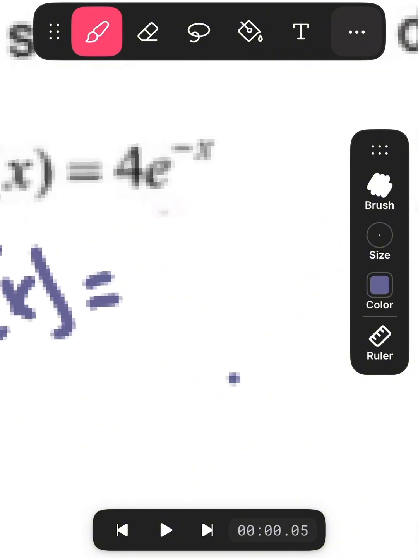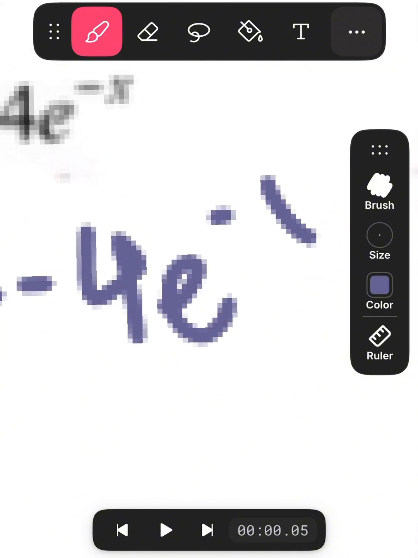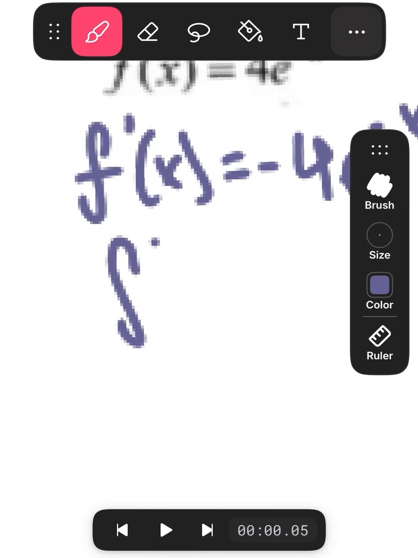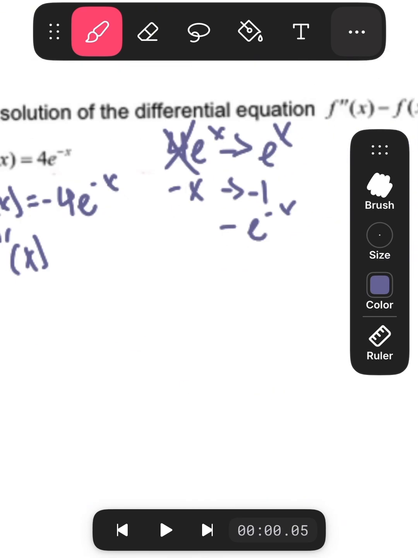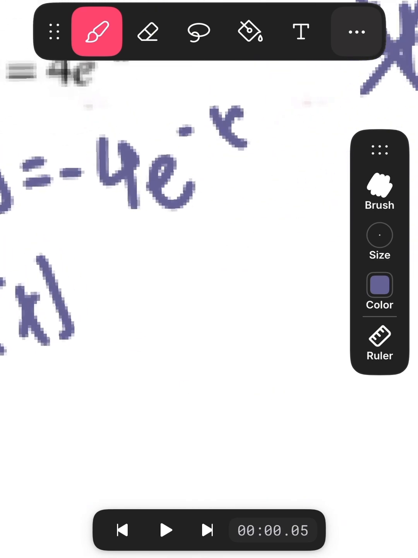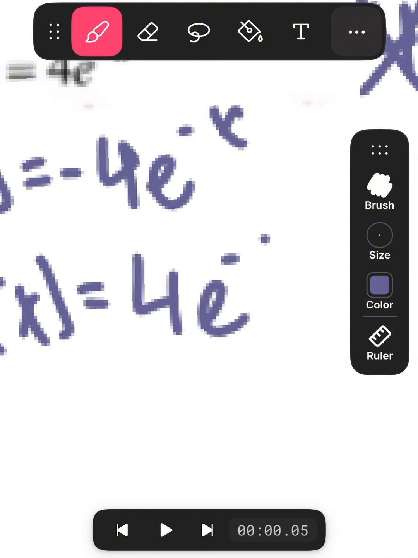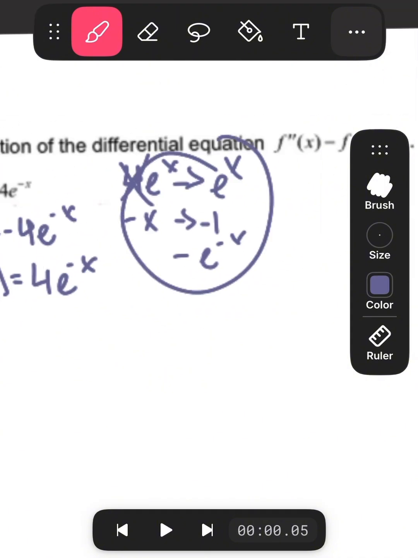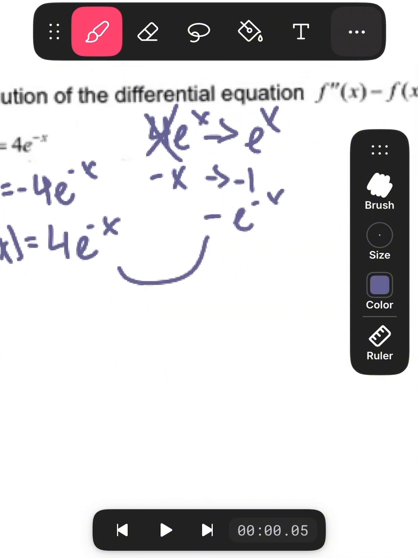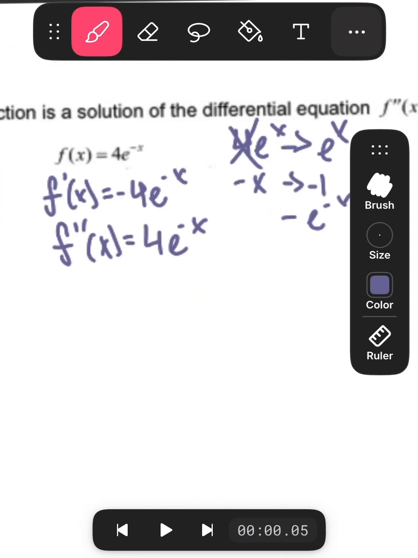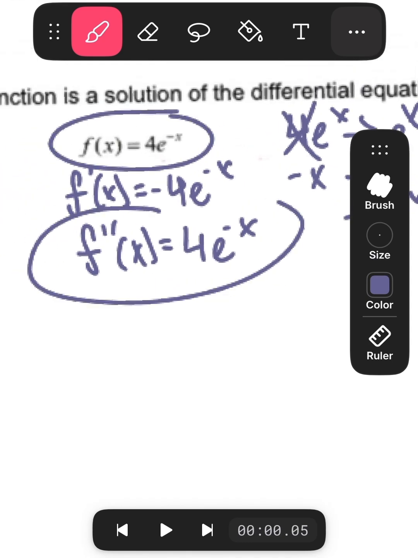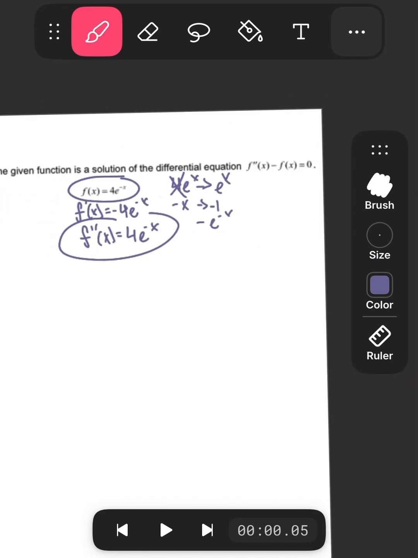So we get a negative 4 e to the negative x. Then we do this again, which is going to be the exact same thing. So we get a positive 4 e to the negative x, because it's the same derivative, and that negative is going to cancel out this negative. So we have our two things, the two things that we have to plug in to see if the differential equation is true.